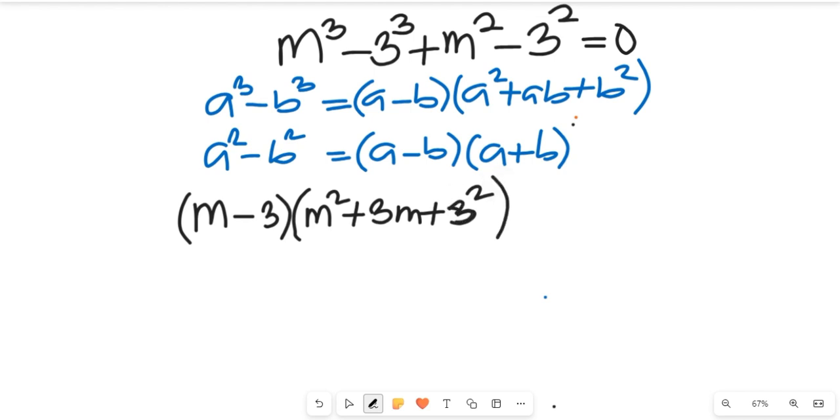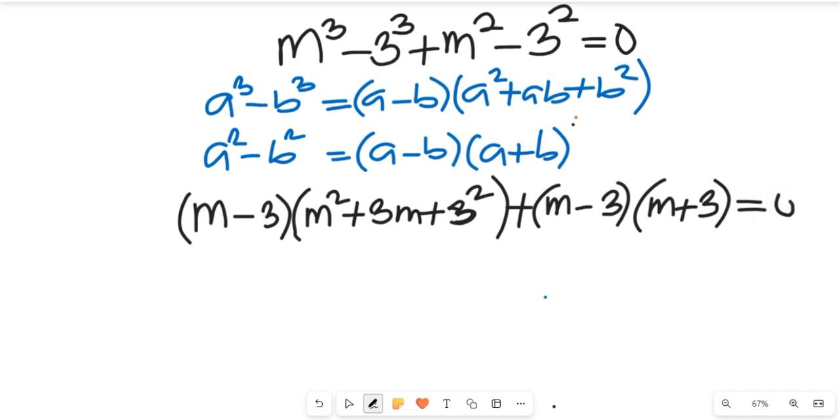Good. And the other expression will now give us, with a positive sign, m minus 3, multiplied by m plus 3, and all these will be equal to 0.